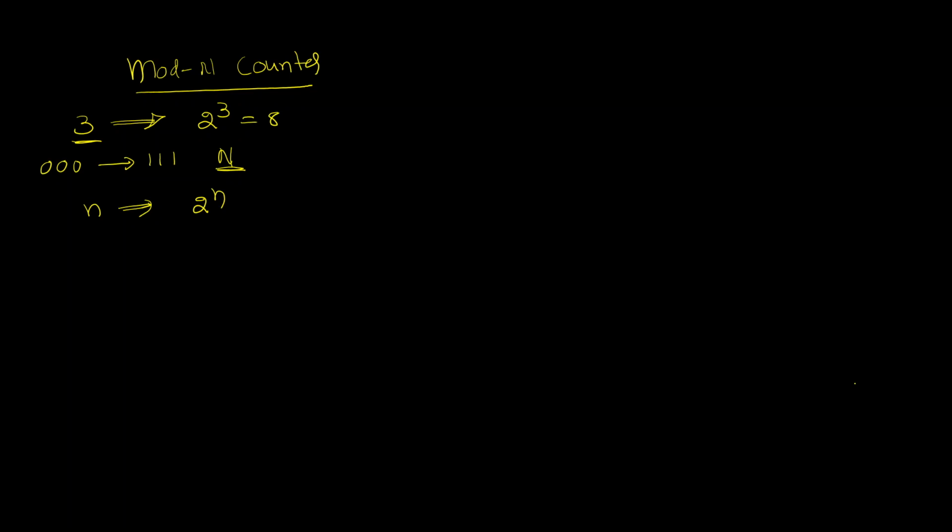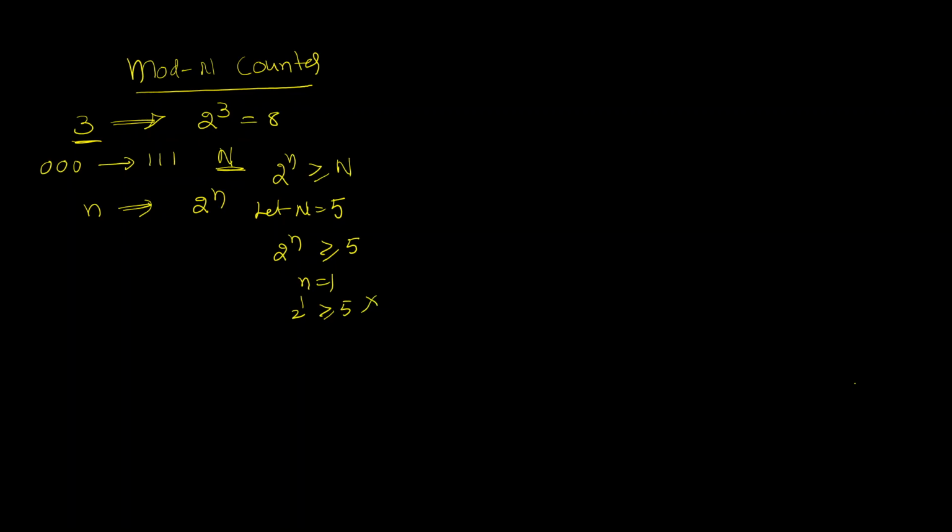So 2 power n should be greater than or equal to capital N. Let's say N is equal to 5. So 2 power n should be greater than or equal to 5. For what value of n? If n is 1, 2 power 1 greater than or equal to 5?